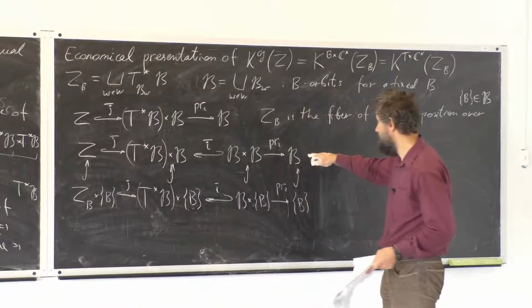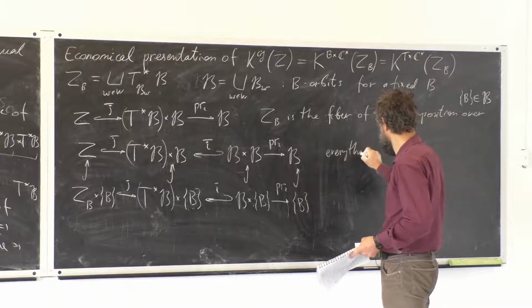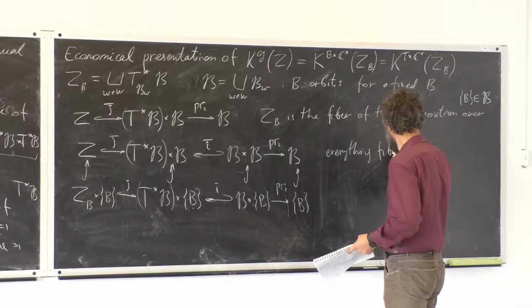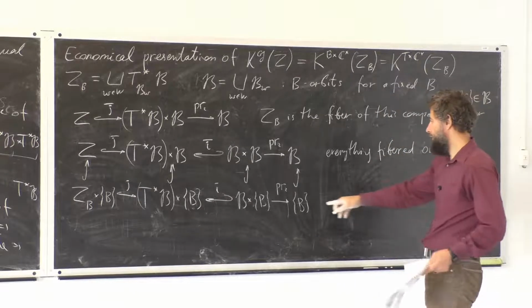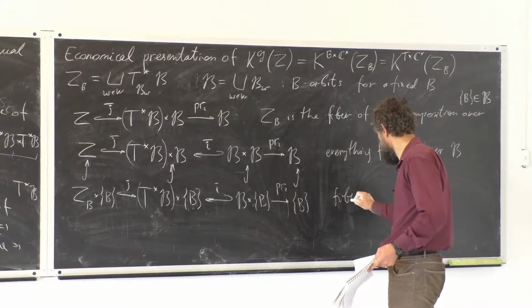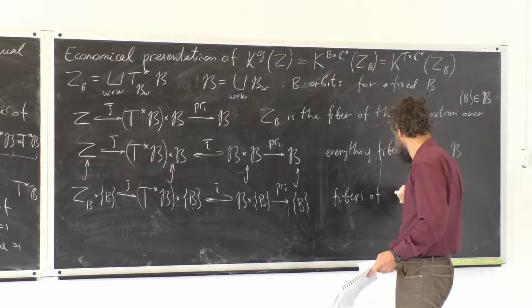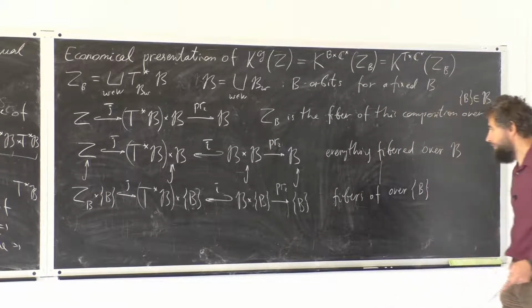So here everything is fibered over B, for the flag variety. And here we just take fibers of the first line over a particular point. Okay.